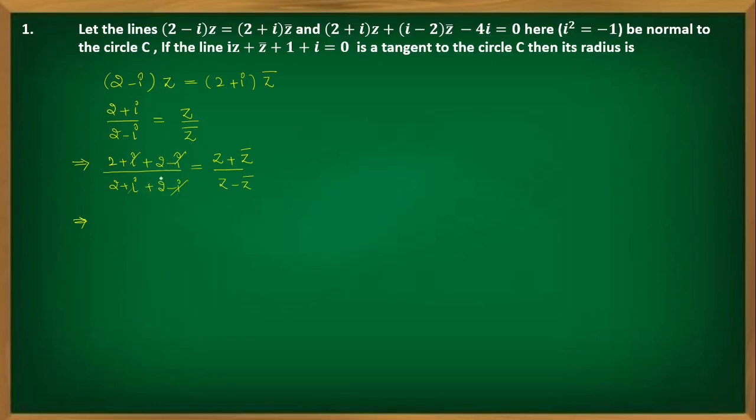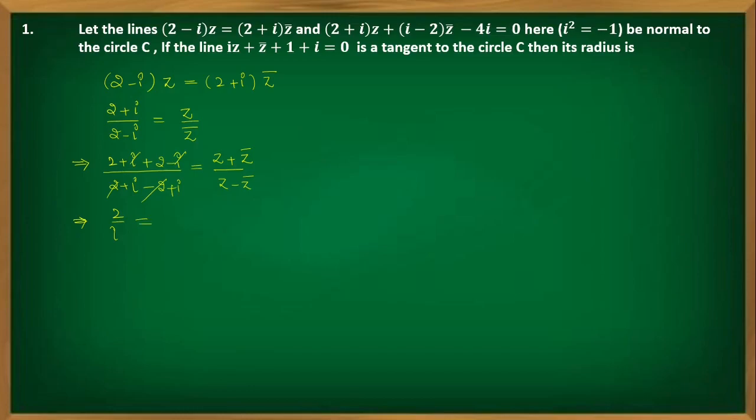Numerator minus denominator, sorry, you will get plus 2i. Minus 2 plus 2 cancel, you get 4 by 2i, which is nothing but 2 by i, which is equal to (z plus z bar) by (z minus z bar).